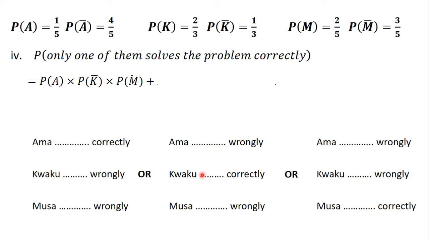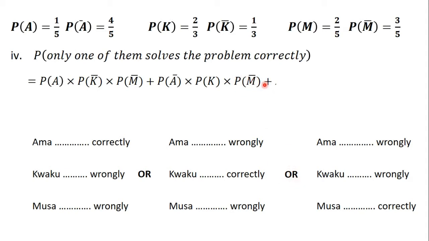Let's consider the second case. The probability that Amma solved the problem wrongly, which is represented by P(A complement), and Kweku solved the problem correctly, which is represented by P(K). And lastly, Musa solved the problem wrongly, which is represented by P(M complement).